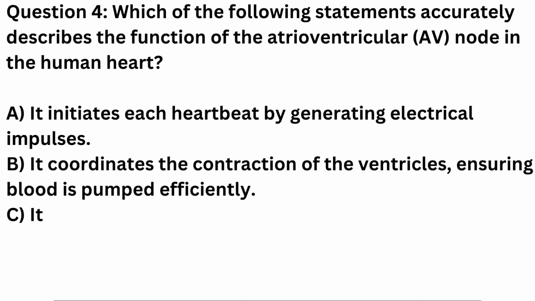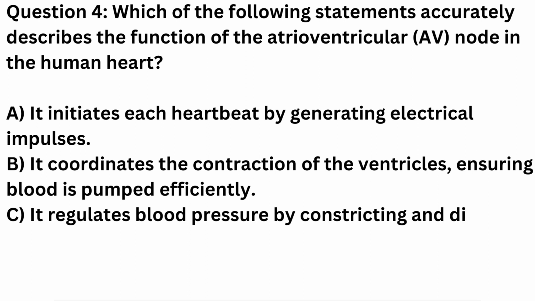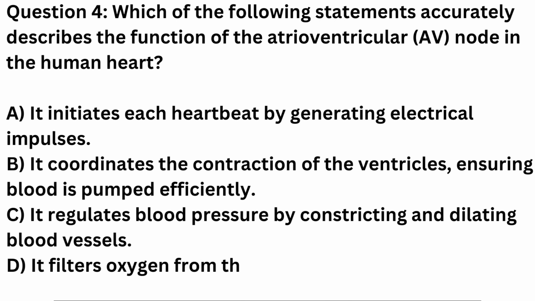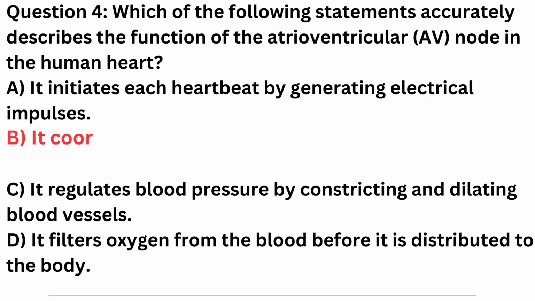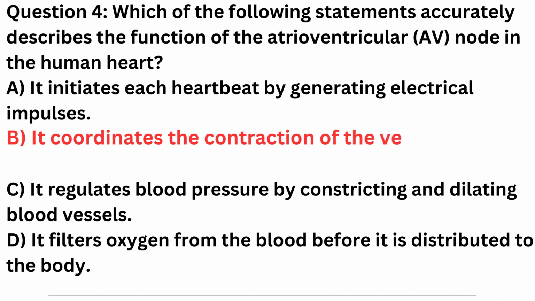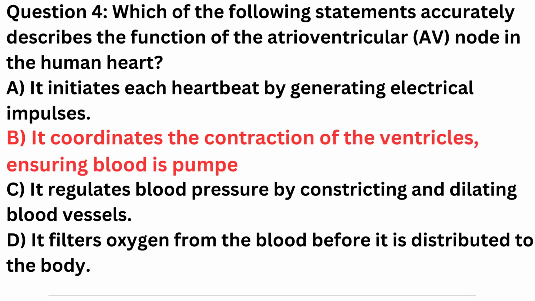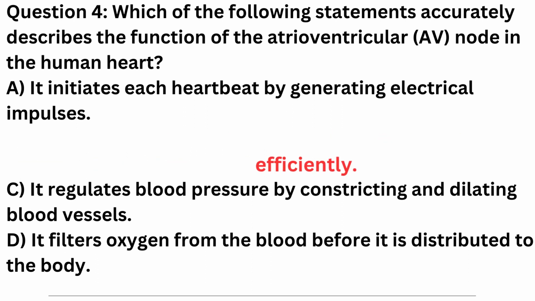C. It regulates blood pressure by constricting and dilating blood vessels. D. It filters oxygen from the blood before it is distributed to the body. The correct answer is B. It coordinates the contraction of the ventricles, ensuring blood is pumped efficiently.